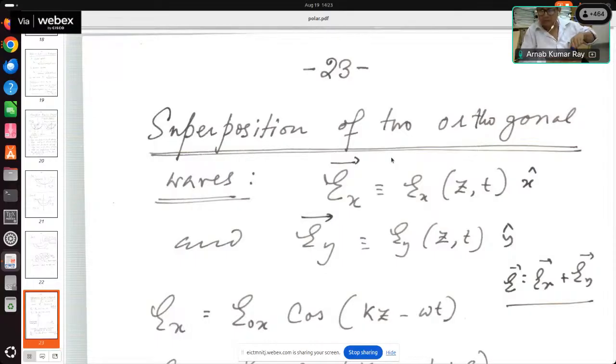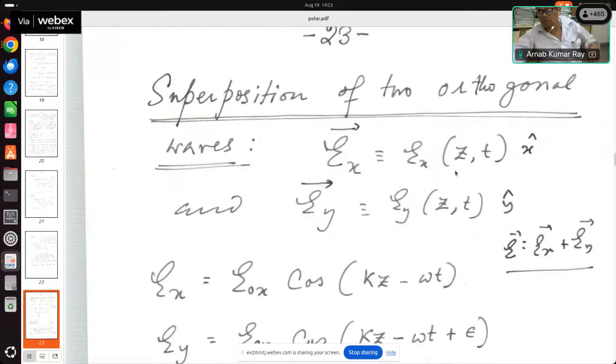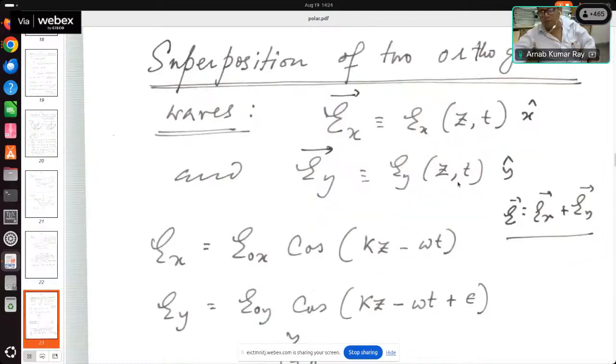If I decompose the electric field vector into two mutually orthogonal components, one will be Ex x cap and the other will be Ey y cap, but the wave is propagating in the z direction, so the phase will depend on the z and t coordinates.